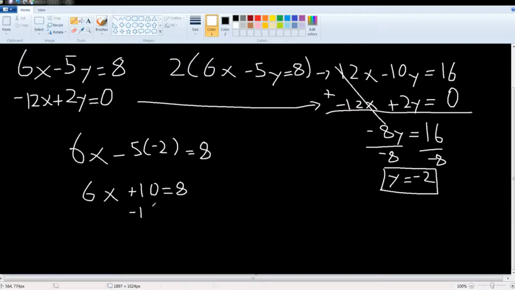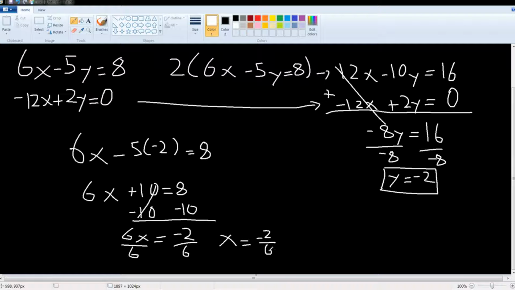We subtract 10 on each side. We get 6x is equal to negative 2. Divide by 6, right? Then we are left with x is equal to negative 2 over 6.